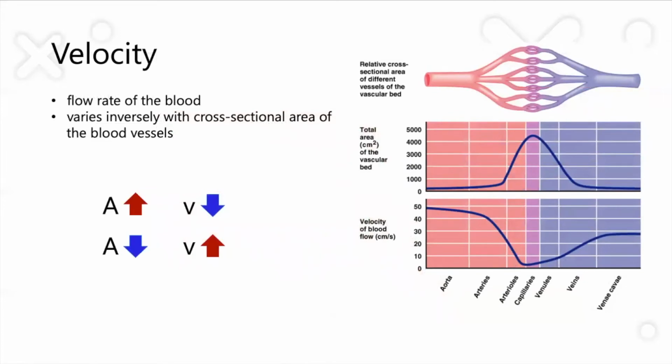And now the velocity. The velocity describes the rate of blood flow, which varies inversely with the cross-section, which is nicely shown in this diagram. As you can see, the diameter increases from the arteries to the arterioles, having its peak in the capillaries and then decreases in the direction of the veins.